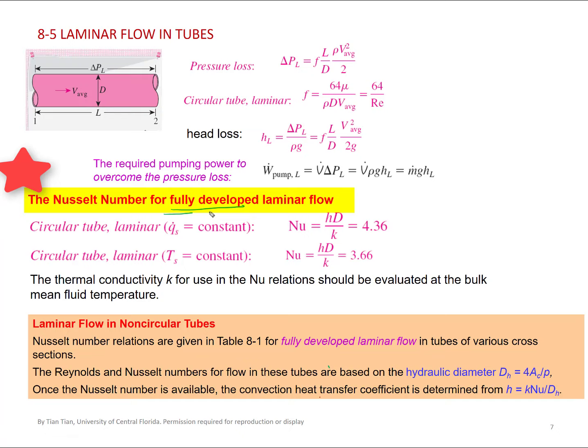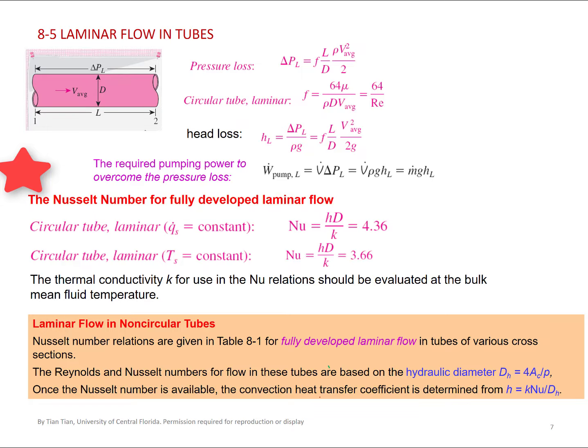First, let's look at the correlations for fully developed laminar flow. We know if Reynolds number is smaller than 2300, then it's laminar flow. And fully developed flow requires the flow to be both hydrodynamically and thermally fully developed.